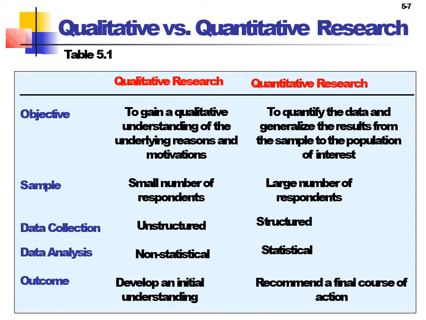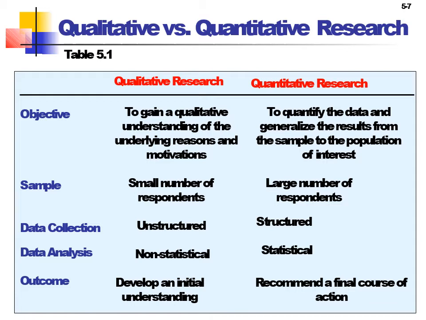Quantitative research objective is to quantify the data and generalize the results from the sample to the population of interest. So what's a sample? A sample in a simple way is a slice of a whole population. The objective of the quantitative research is to generalize the result of this sample to the whole population. يعني in Arabic means تعميم النتائج من العينة للpopulation.